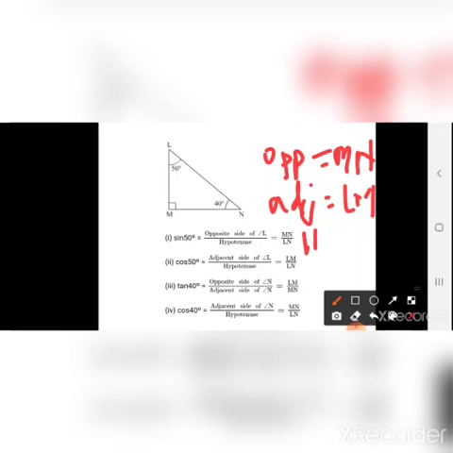And hypotenuse is LN. If we decide this, we find to write the ratio very easy. So sine 50, opposite side upon hypotenuse, will be MN upon LN. Same way cos 50, as per definition, adjacent side upon hypotenuse, adjacent side of angle L is LM, hypotenuse LN. So the ratio is LM upon LN.